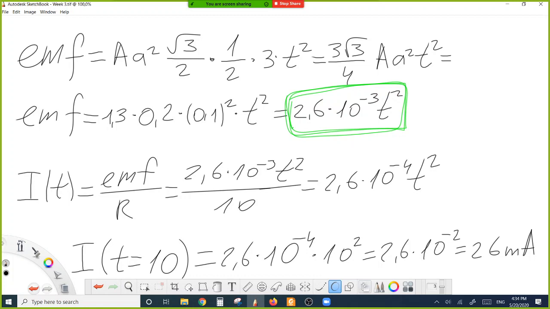The current at the time instant when t equals 10 seconds will be 26 milliampere.